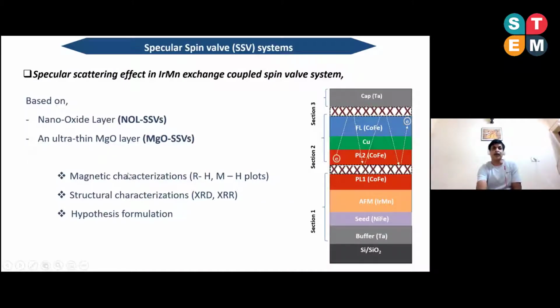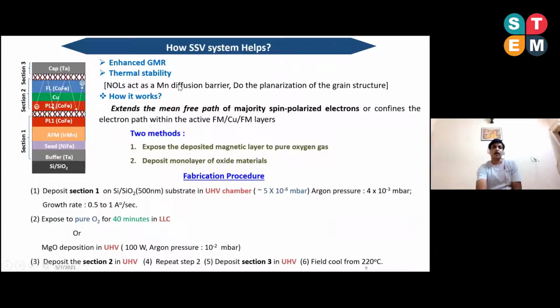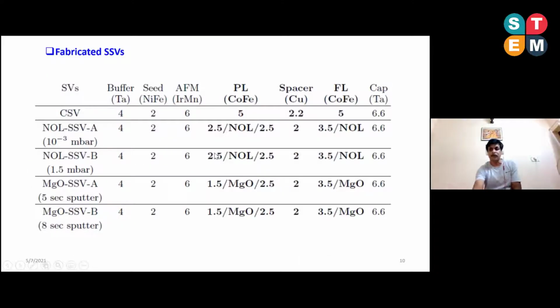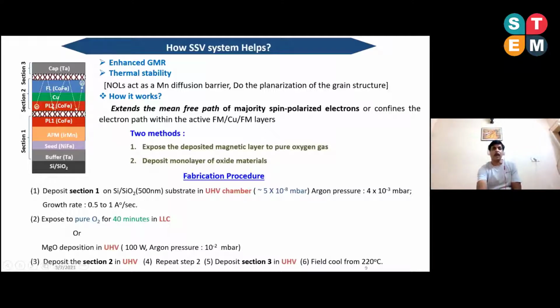For these two methods, I will show the RH measurement or MH plots, then XRD, XRR, and what kind of hypothesis we have made. In these SSB systems, we have the substrate, and the base pressure in the chamber is 10 to the minus 8.